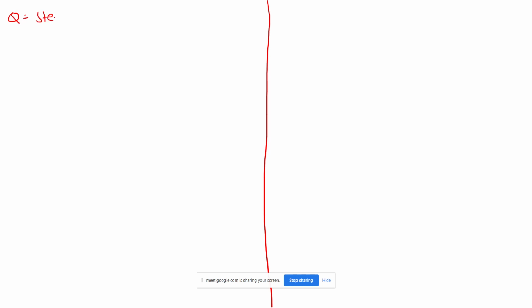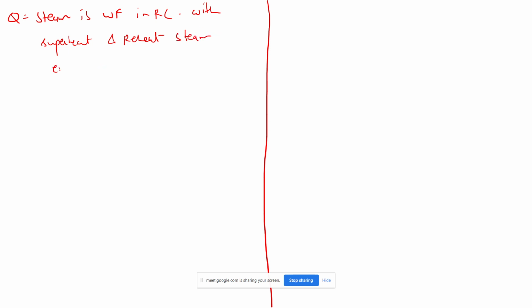Steam is the working fluid in an ideal cycle with superheat and reheat.